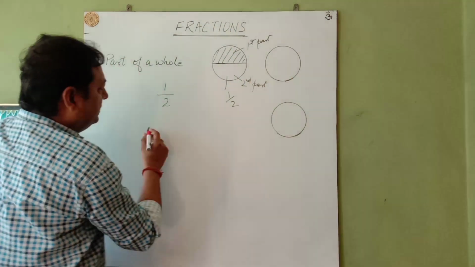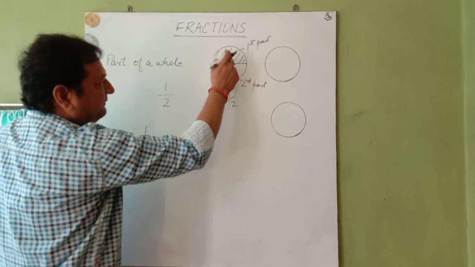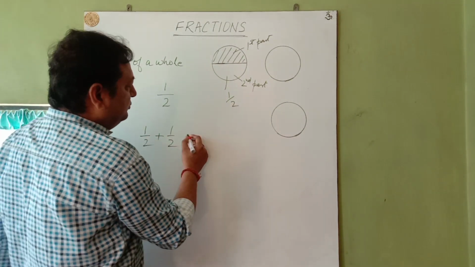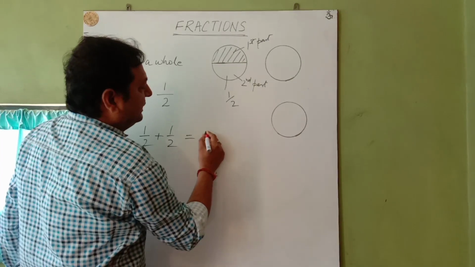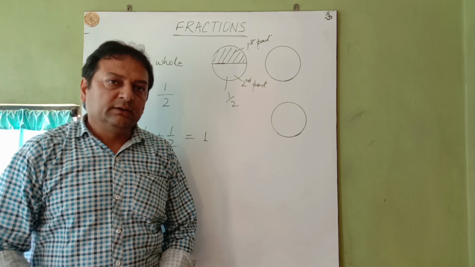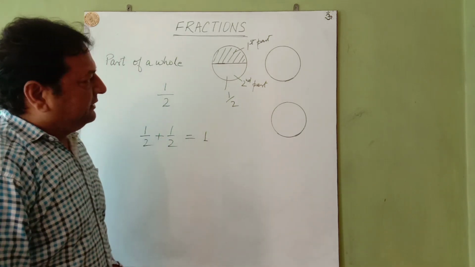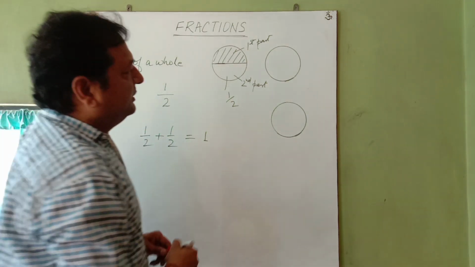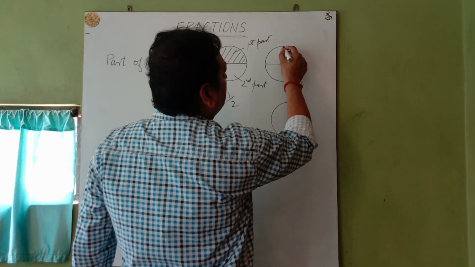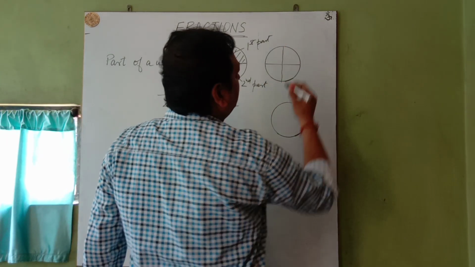So half is this and half is this. If we add these two, what do we get? We get 1.